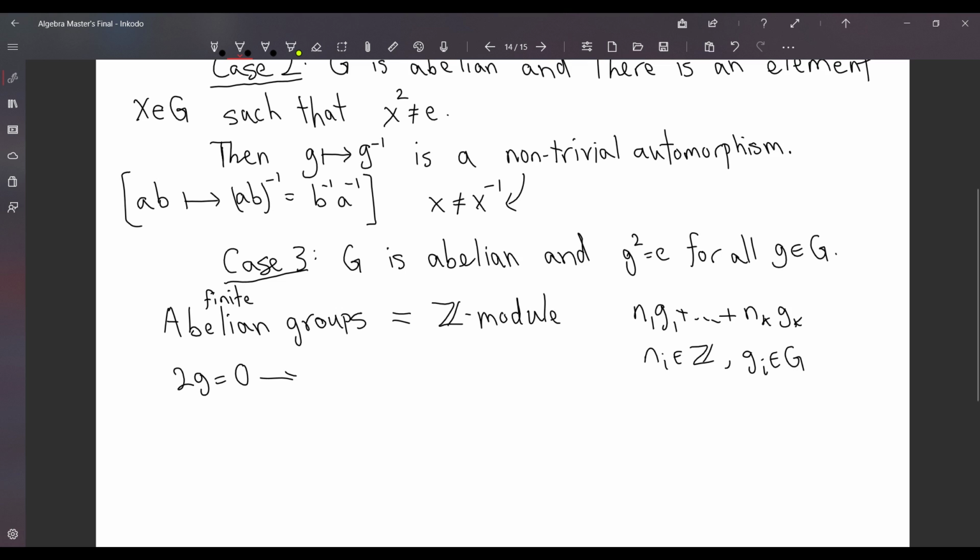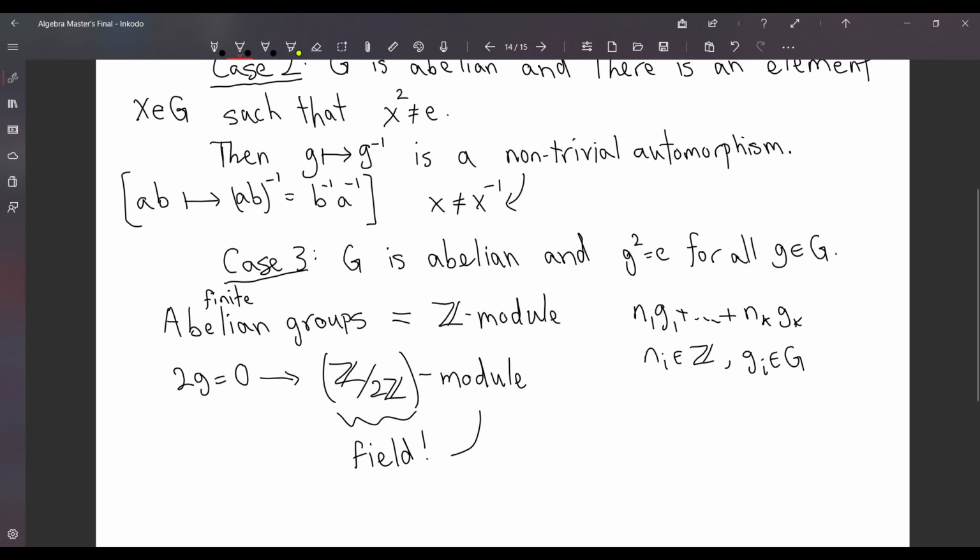So what this means is that we're actually working over Z mod 2, which I will write as Z mod 2Z because that's the more common notation. We actually have a Z mod 2Z module because every time we have 2 of some element, it becomes 0. So it's like we're modding out by 2.